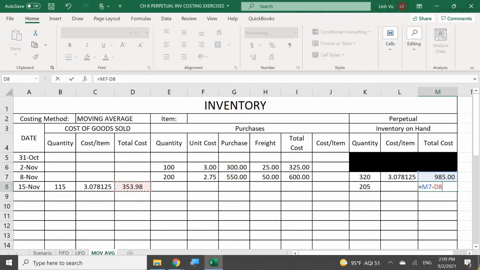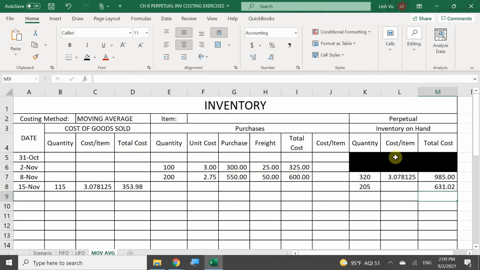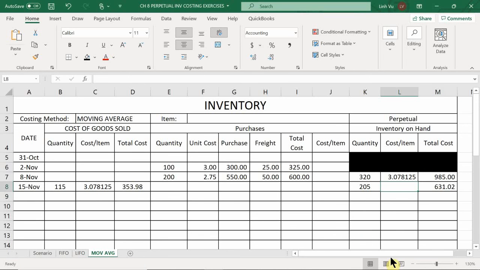So we have 205 for quantity. Equals 985 minus 353.98, which is 631.02.